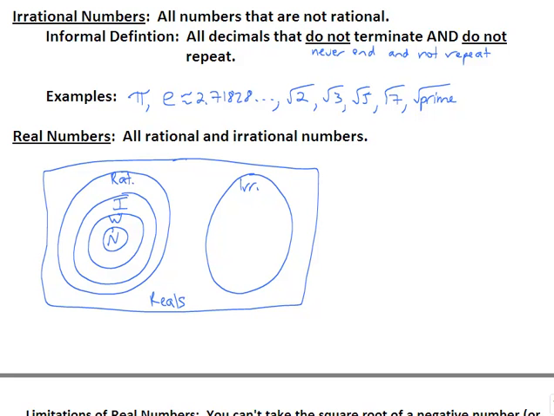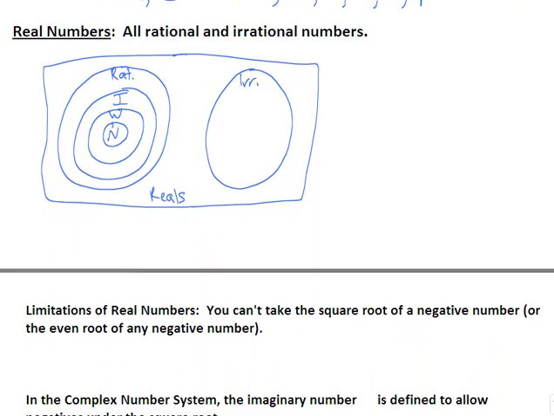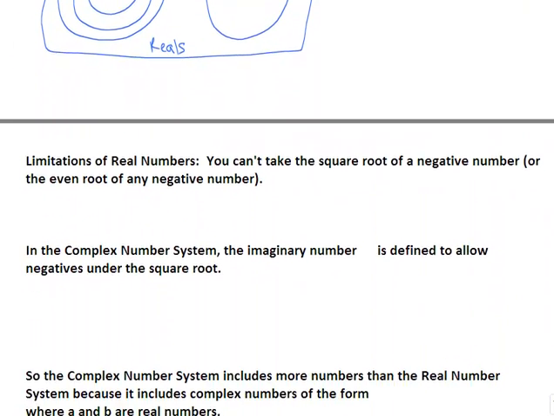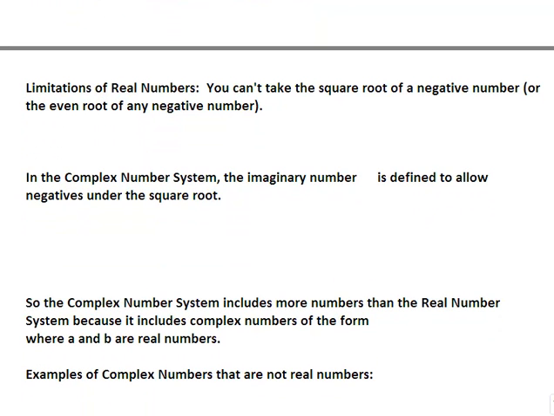Now, in introductory algebra, we really just talk about the real number system, but when you move on to intermediate algebra, we sort of make that set a little bit larger by talking about something called the complex number system. Why do we need complex numbers? Well, there's some limitations to real numbers.